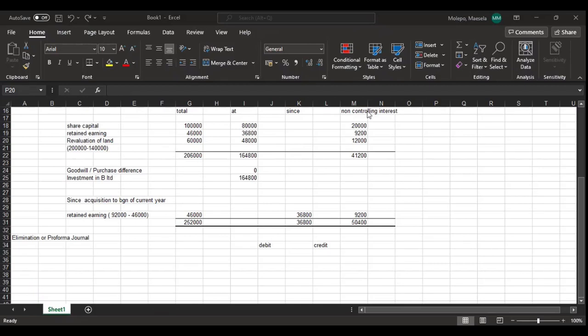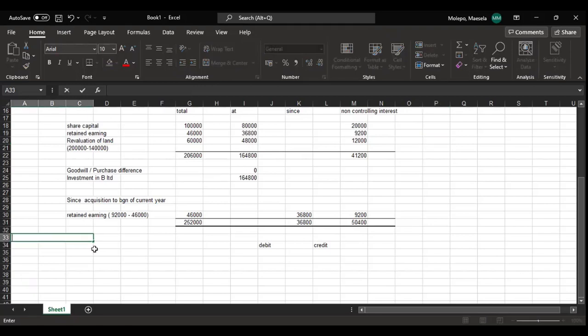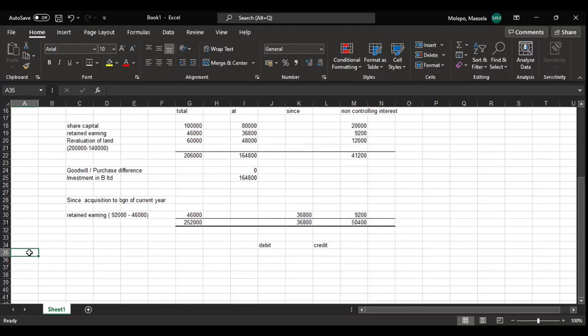So it means we have to account for that first. Before we do the elimination, we're going to record the journal, a normal recording in the books of B Ltd. So here we are recording the revaluation which happened but was not recorded.